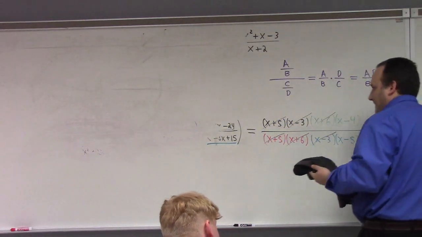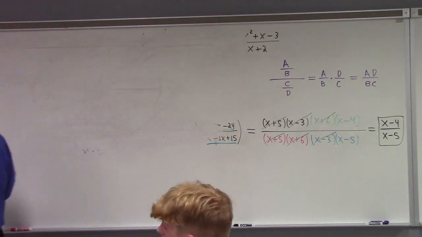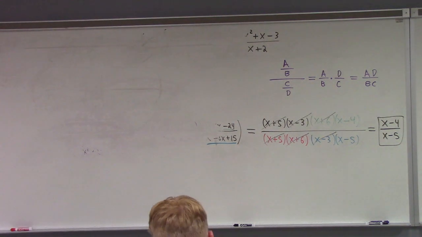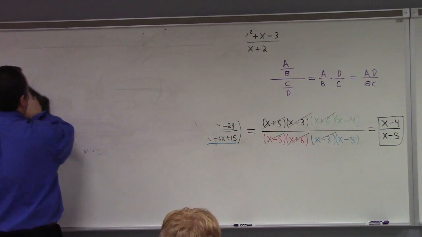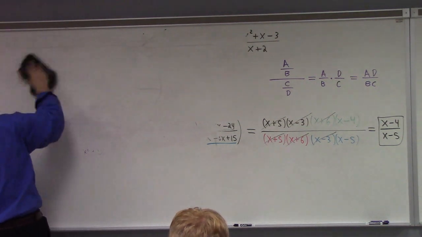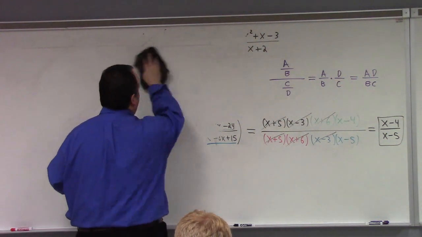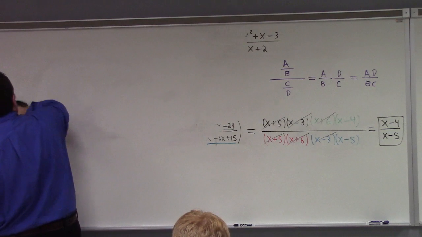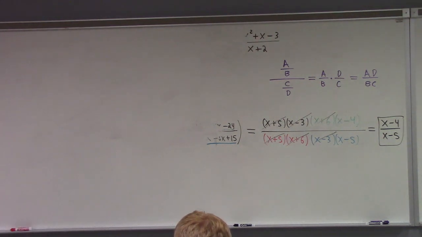What are we doing? If what? Because if that's just one number, then what if you have like 100x squared y plus something?